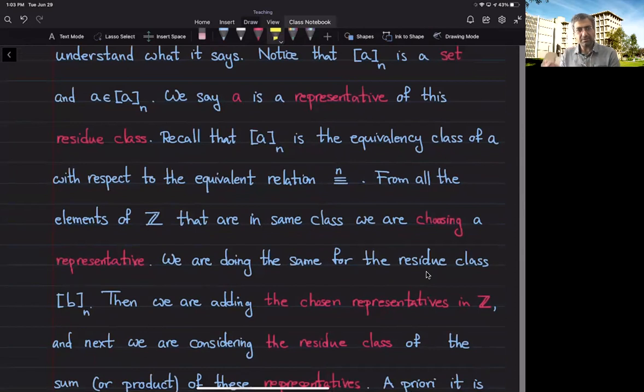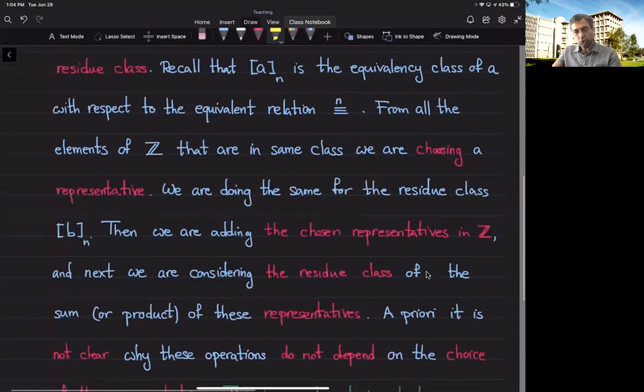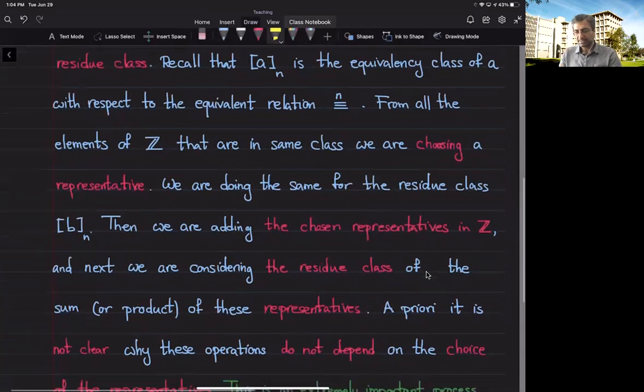And the thing that we are deducing or claiming is actually true for the entire equivalence class and not just for the chosen representative. Okay, let's go back to this particular setting again. This residue class mod n is a set, and we are choosing a representative from this equivalence class.